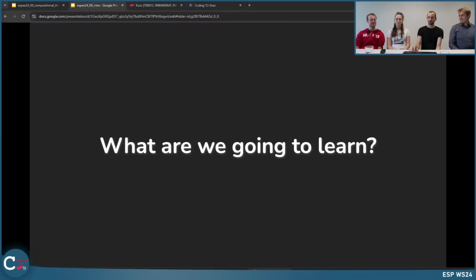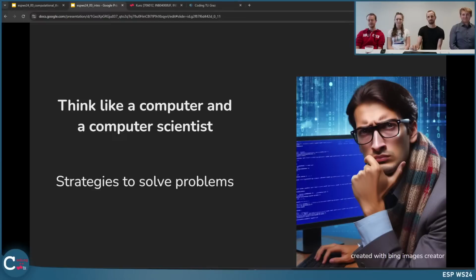Okay, so what are we going to learn? We spoiled it already a bit, but let's have a short look into that. What we want you to learn is to think like a computer scientist and to think like a computer, basically. Sometimes you will see a computer or a program and think about how it is programmed, and most of the time you might have an idea how it is programmed.